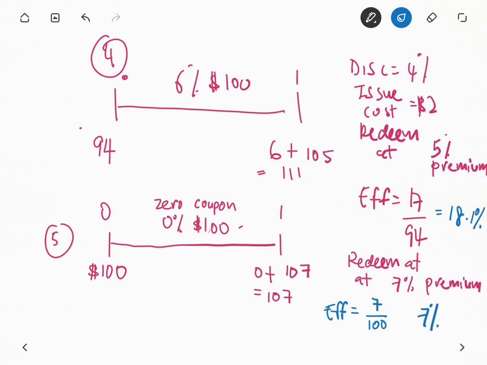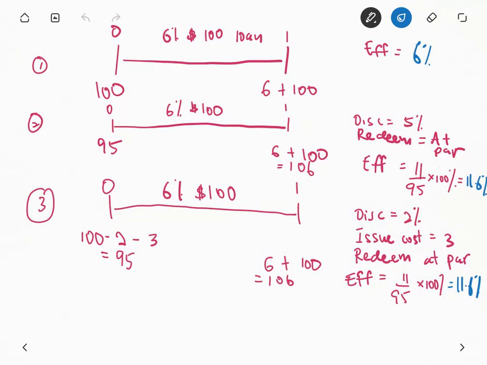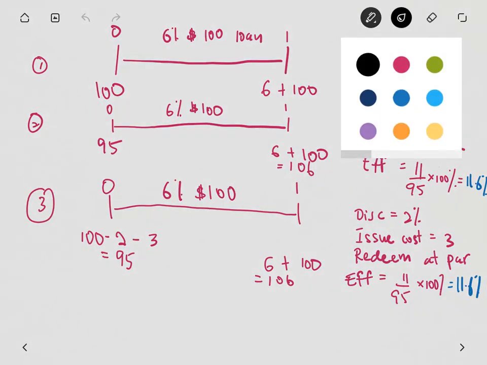Capital balance, how much? 94. Is it okay? I receive 94 plus effective rate. How many percent is my effective? That 18.1. So 18.1 of 94.